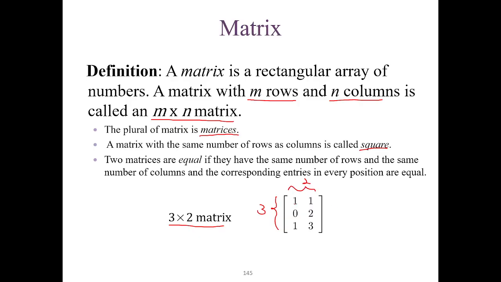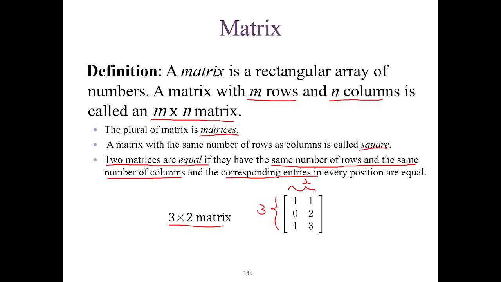Once the number of rows equals the number of columns, then we call that a square matrix. For example, we have a 2 by 2 matrix or a 3 by 3 matrix. They are also square matrices. When we define the equality of two matrices, the condition is they have the same number of rows and the same number of columns, and the corresponding entries in every position are equal.